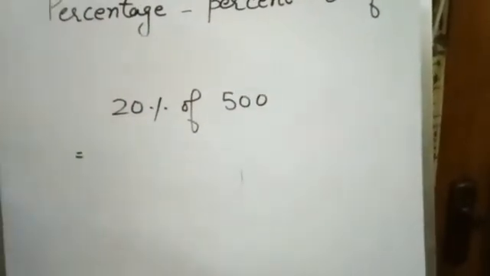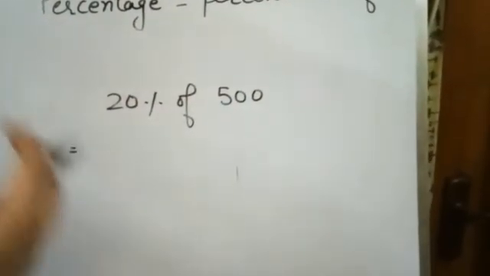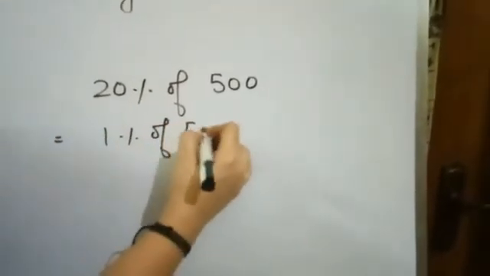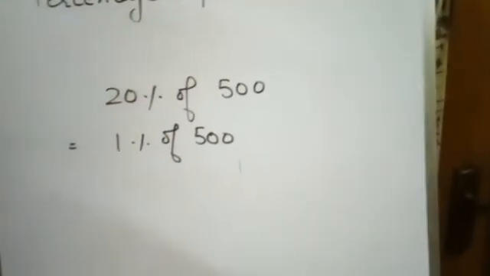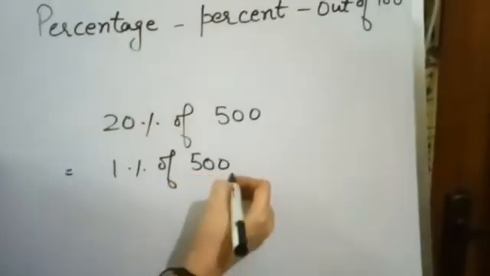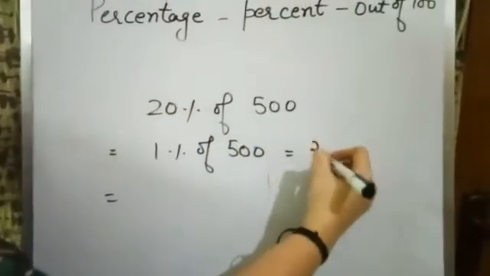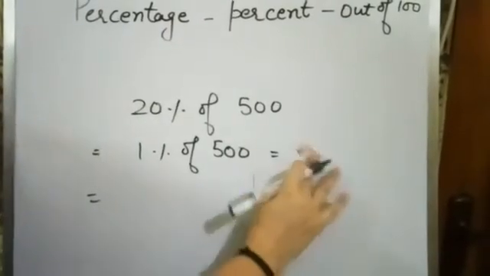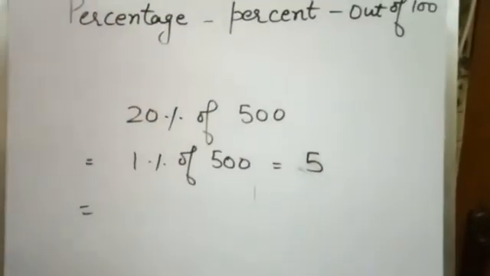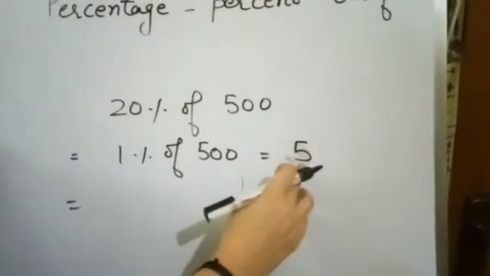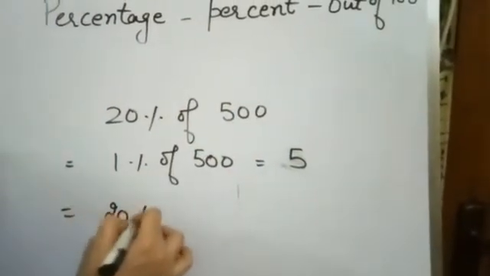If you want to calculate it orally, first calculate 1% of 500. 1% means divide 500 by 100. 500 divided by 100 will give you 5.